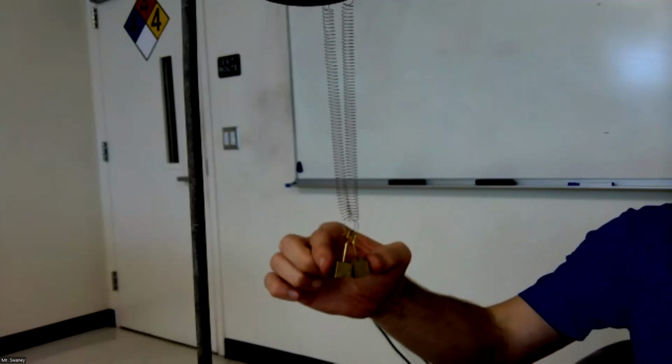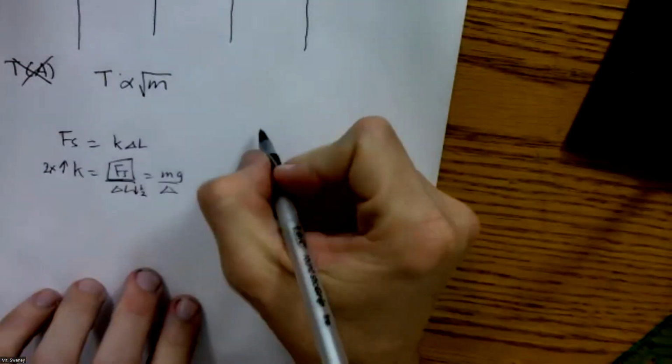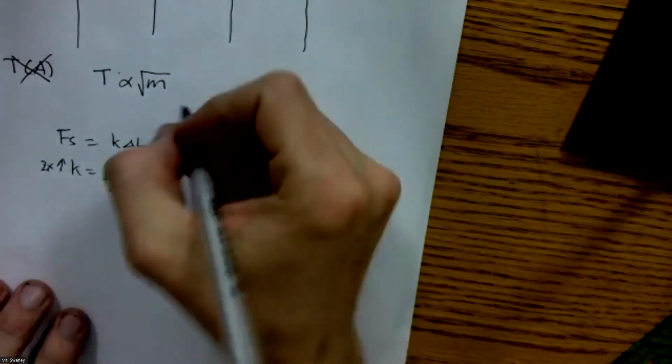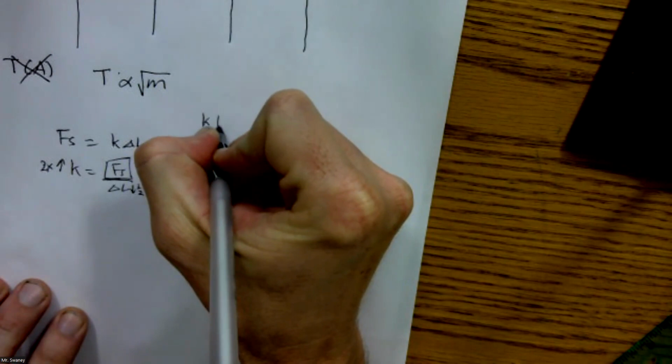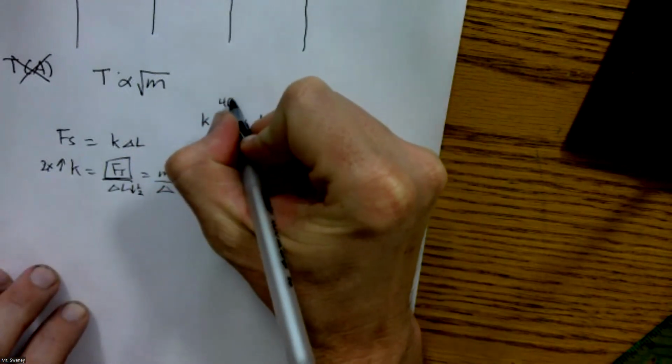So we go like this, and I'll go 3, 2, 1, go. 1, 2, 3, 4, 5, 6, 7, 8, 9, 10. Okay, I got 4.03 seconds for my 2 springs. So K is doubled. And that was with 40 grams.